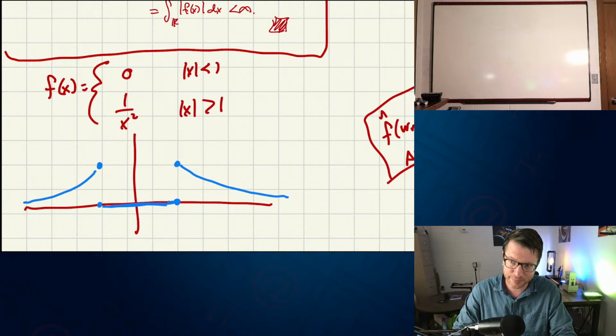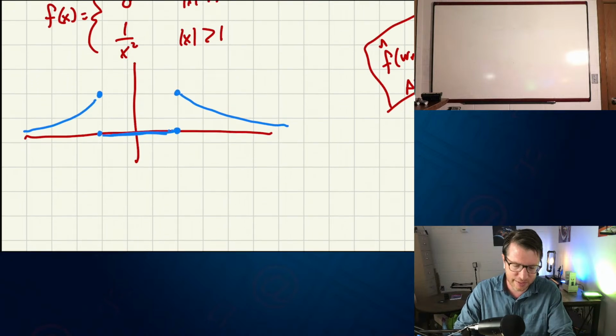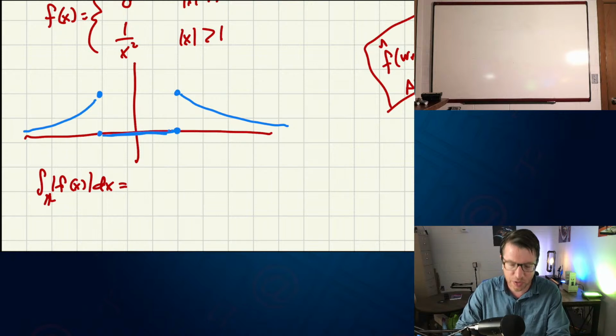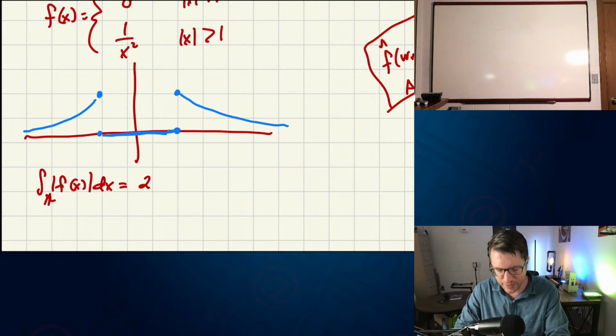This function is actually going to be in L1, and that's because if we take a look at the integral over R of the absolute value of f of x dx, then we get 0 for the inner term, but then we get 2 times the integral from 1 to infinity of 1 over x squared dx.